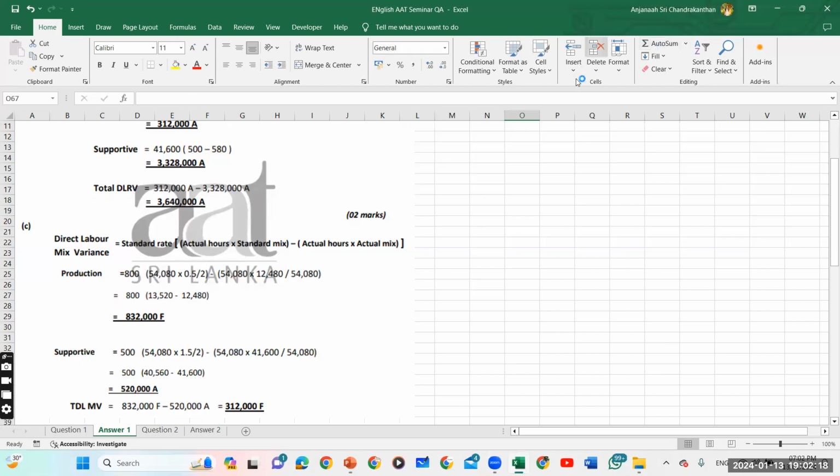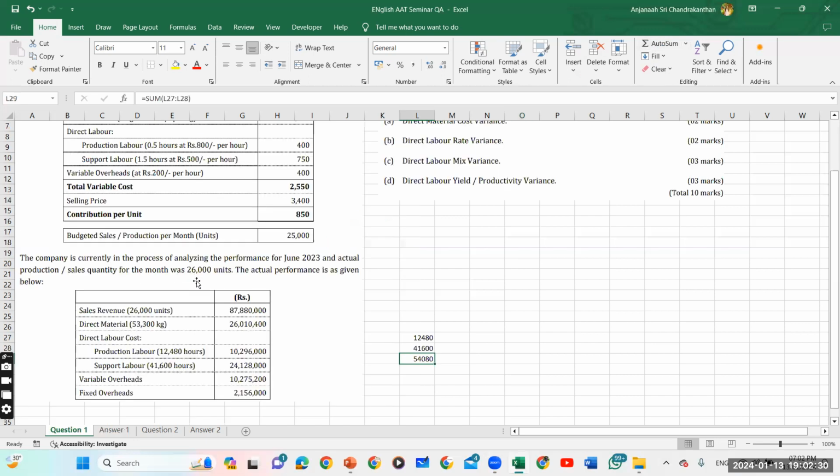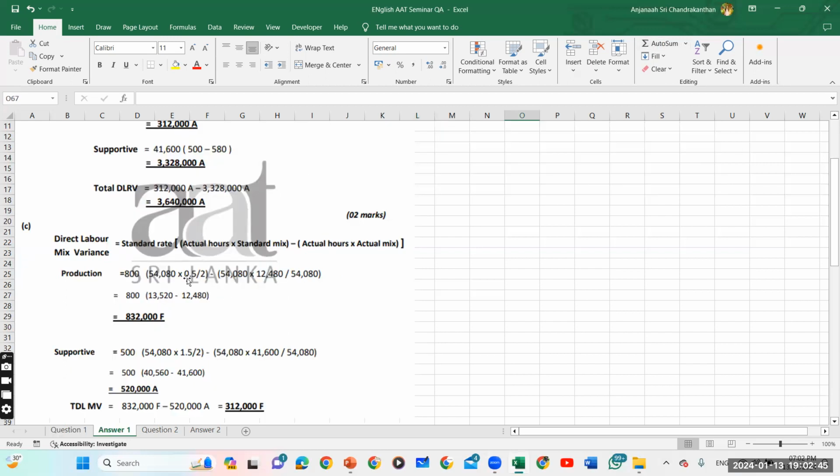So 54,080 is your total actual hours, we don't take only production, multiplied by 0.5 over 2. How did we get 0.5 over 2? The standard mix: 0.5 hours and 1.5 together, it's 2 hours. So 0.5 over 2 gives you the standard mix for production labor.